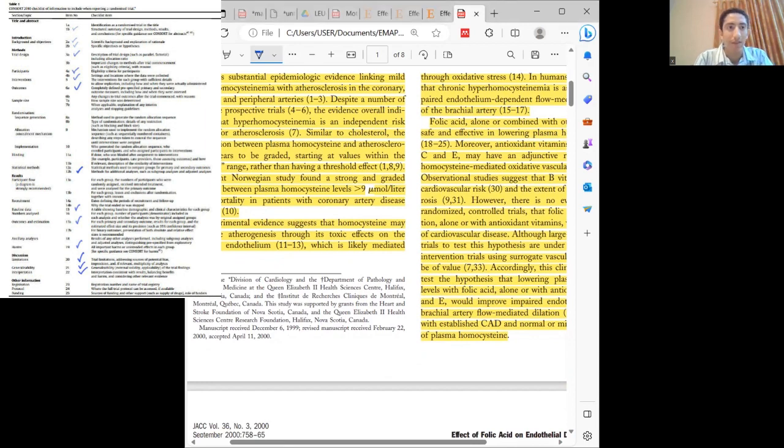From this, there are some clinical epidemiological studies linking hyperhomocysteinemia with atherosclerosis in the coronary arteries. And experimental evidence shows that homocysteine may promote atherogenesis; its toxic effect is the explanation.